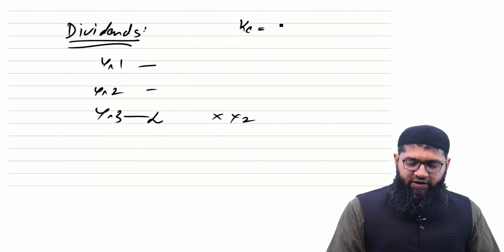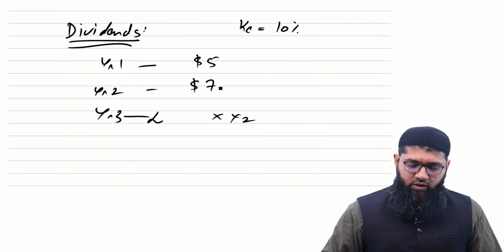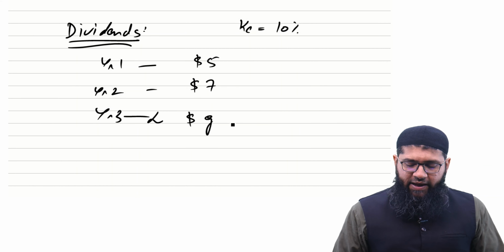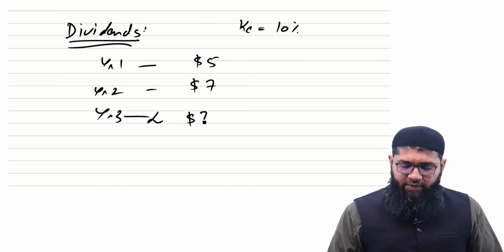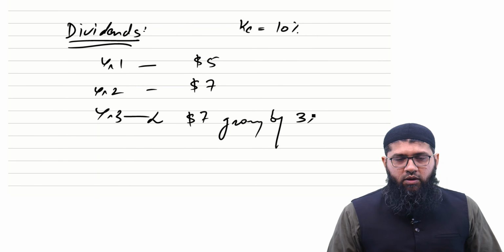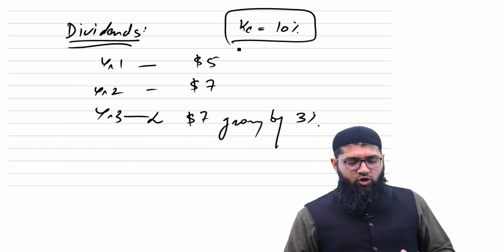Let's say your cost of equity is 10%, and this dividend is expected to be $5, this dividend is expected to be $7, and then it is expected to grow by 3%. So how would you calculate the value of this company?